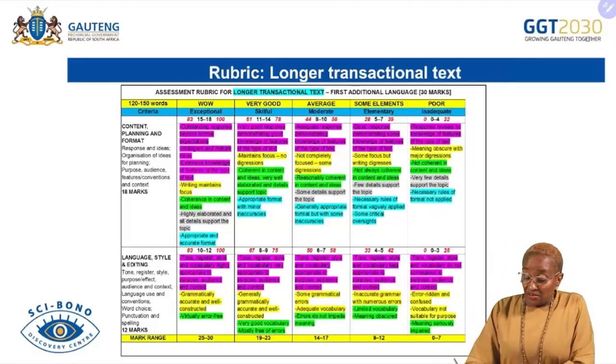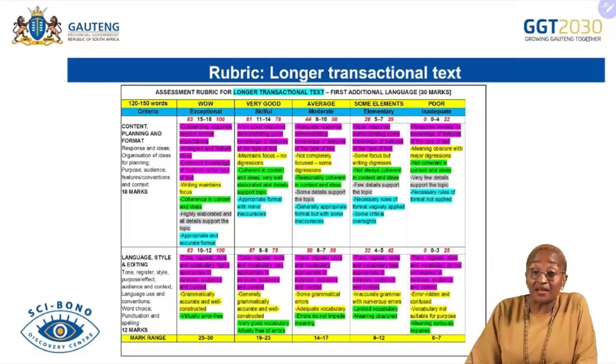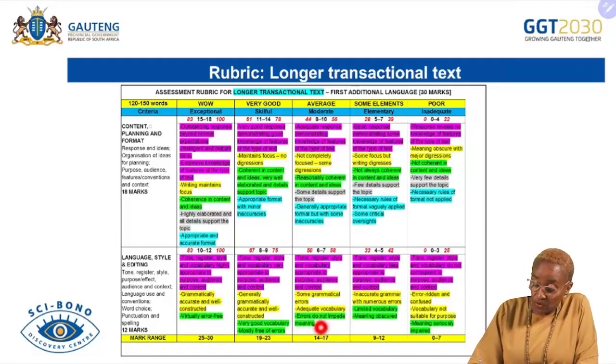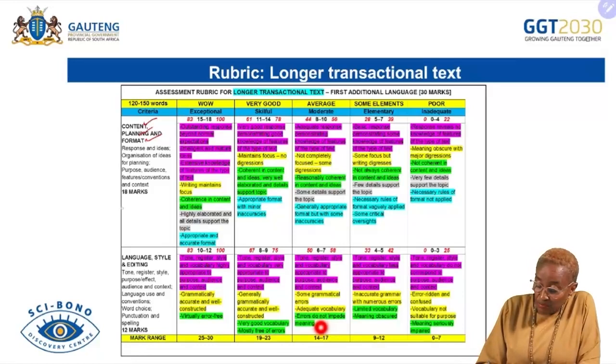Let's have a look at the criteria. We spoke about it in the previous slide. And the criteria here, we've got content, we've got planning, and we've got the format. And that is made up of 18 marks.